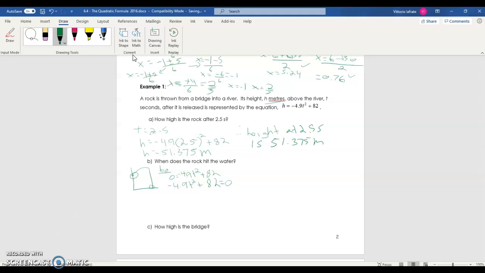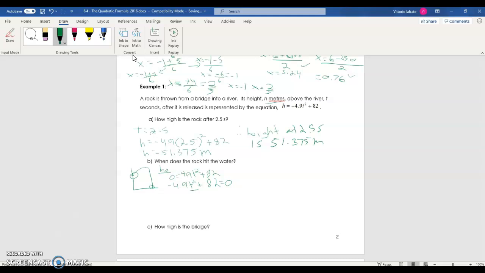It's the same thing. I just wrote it the other way around. And so we need to find our t when height is equal to 0 in this case, using the quadratic formula.